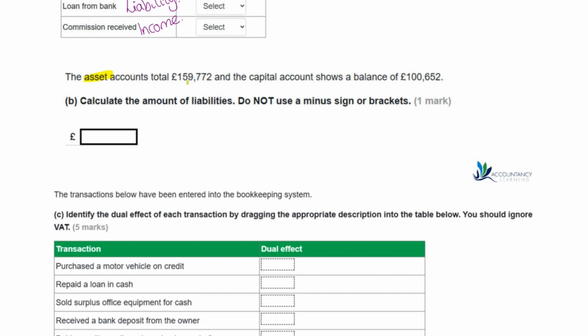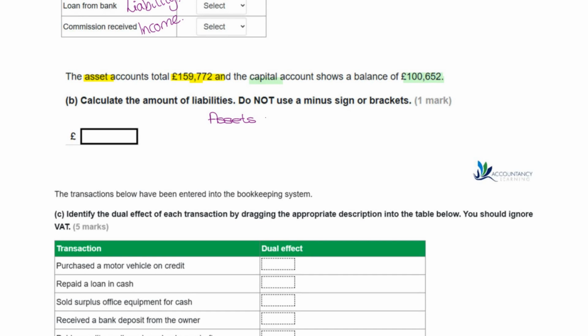So we've got assets amount and we've got a capital amount. Now we need to use the accounting equation for this. So our accounting equation is assets minus liabilities equals capital.